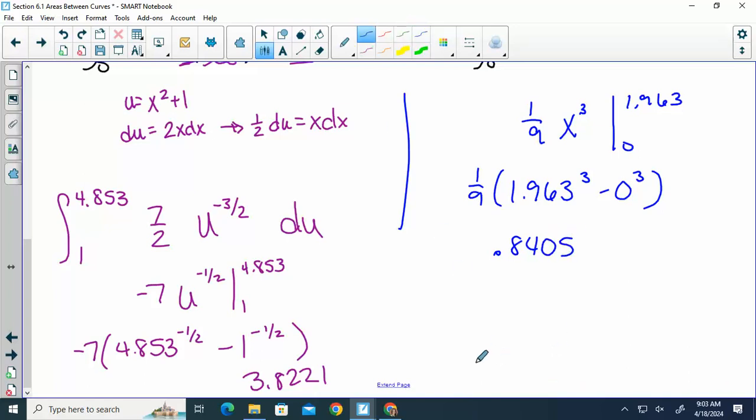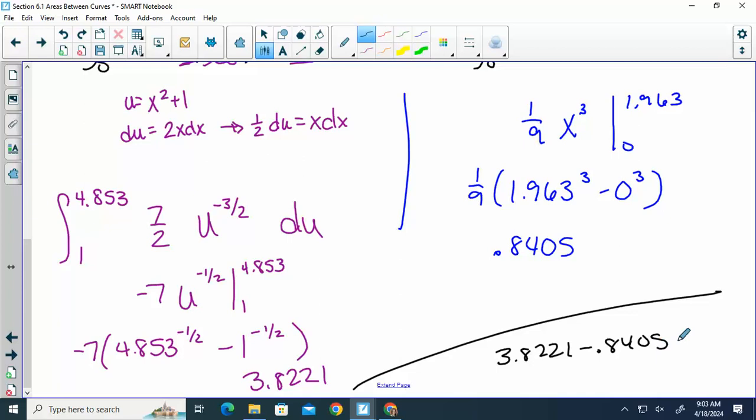So final answer, what am I doing with those two numbers? Subtract them. You get 2.9805. Obviously lots of rounding error here, so this is probably not perfect because we rounded in several different places, beginning with the intersection and then throughout our problem, but it gives us a ballpark.